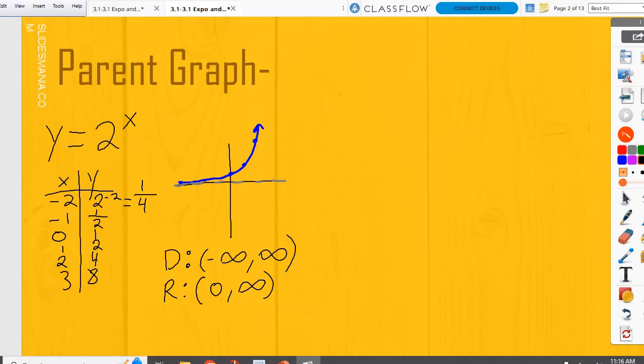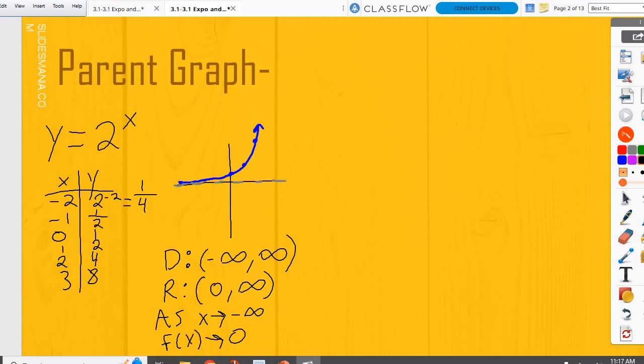X. Okay, and if I'm going to the left, what is x doing? Decreasing, or going towards negative infinity. So, as x goes towards negative infinity, what is y doing, or f of x? Yeah, it's getting closer and closer to 0 there. That's because we have that horizontal asymptote.